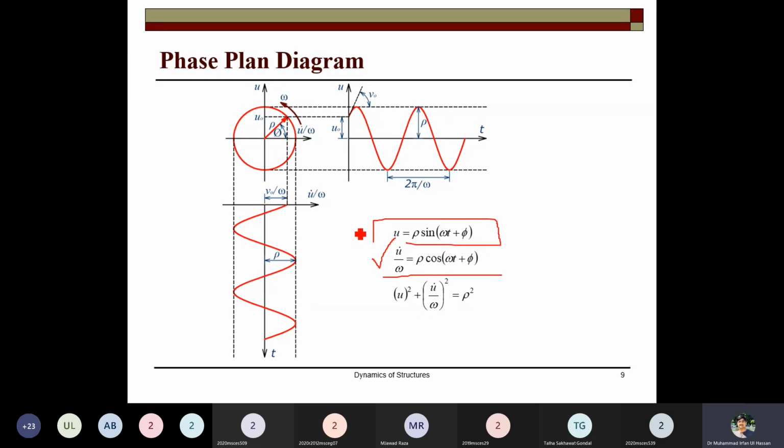And when you plot the graph between u dot over omega and the time, then you will get this kind of graph. It is a derivative of the displacement. So the initial value will be v naught over omega in this case, and here the initial value is of course u naught. So this graph is plotted between u over omega and time.